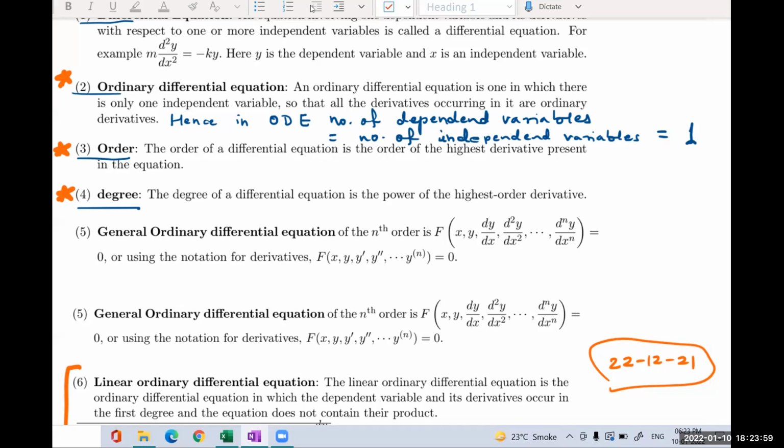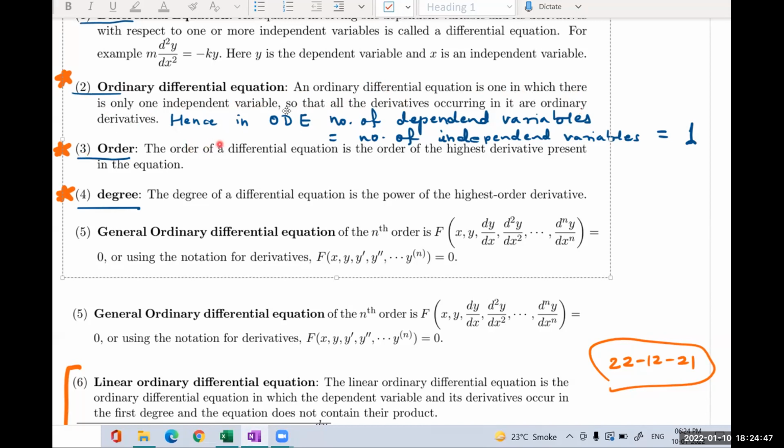Now I'm revising some of the facts from differential equations. The first definition is ordinary differential equation. An ordinary differential equation is one in which there is only one independent variable, so that all the derivatives occurring in it are ordinary derivatives.